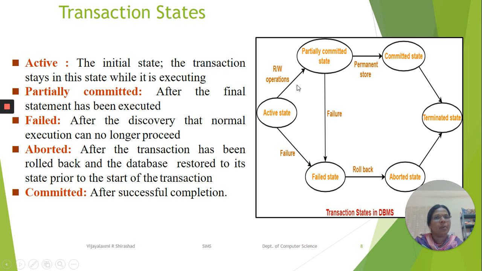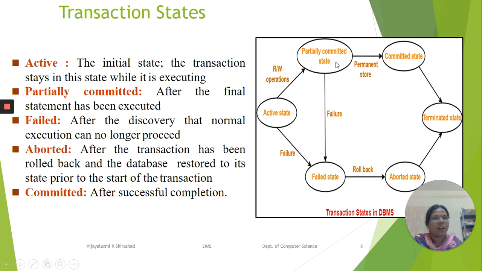Here, the partially committed state means the transaction is completed but not completely saved. Permanent storage happens in the committed state, which indicates the entire process has been done.